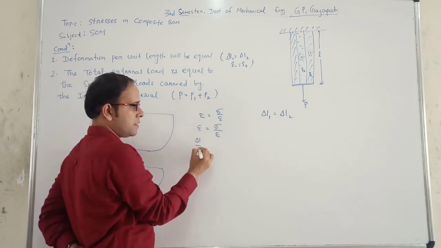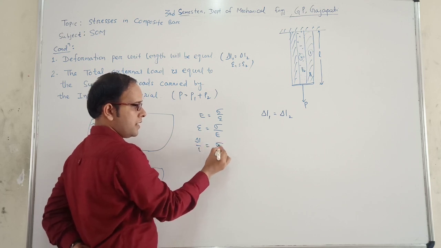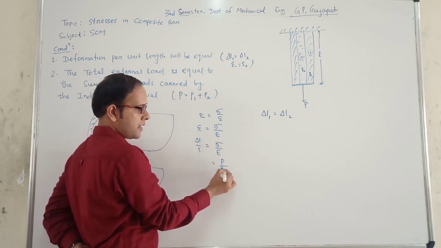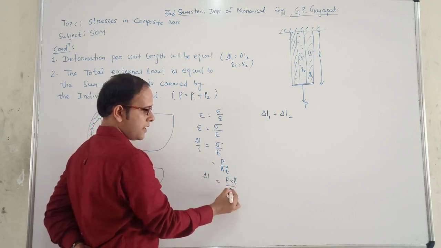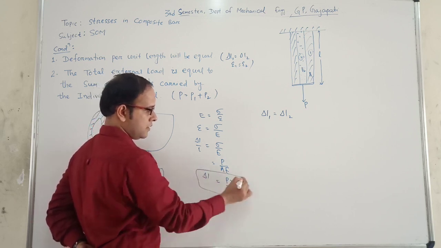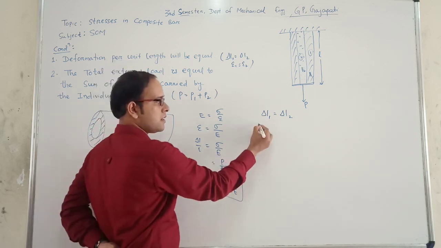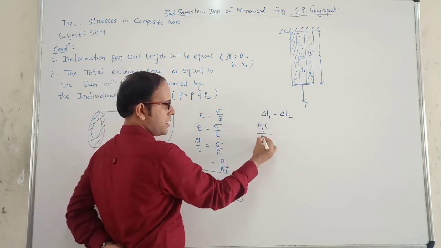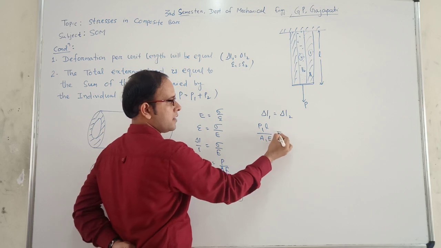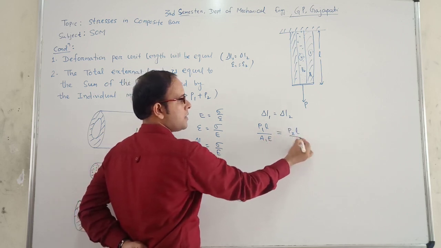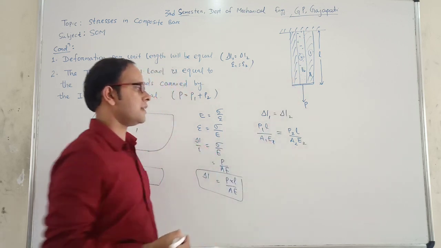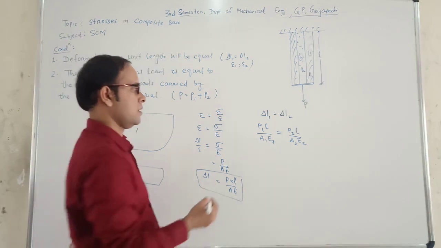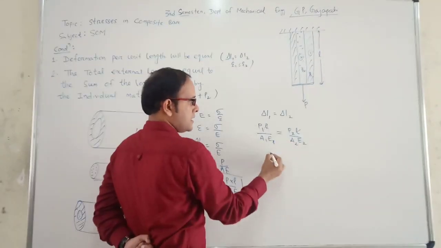This is delta L by L, that is sigma by E. Sigma is P by A. So delta L is P L by A E. So delta L1, P1 L by A1 E1, is equal to P2 L by A2 E2. For different materials we take E1 and E2. L can be cancelled out.